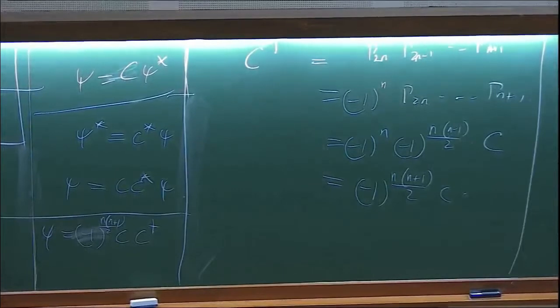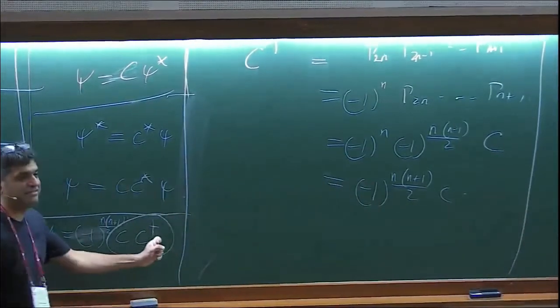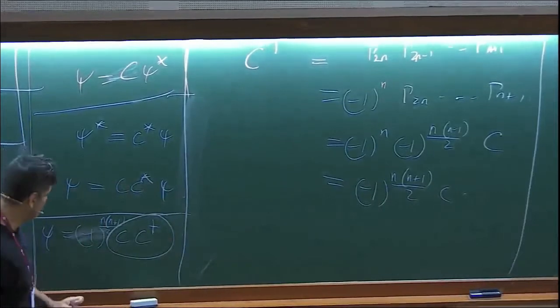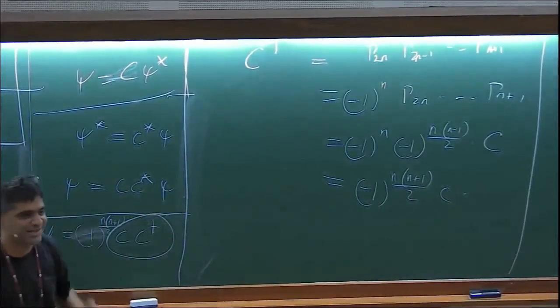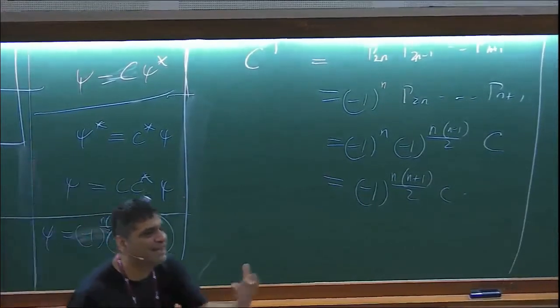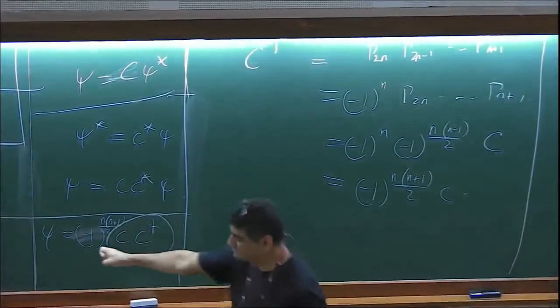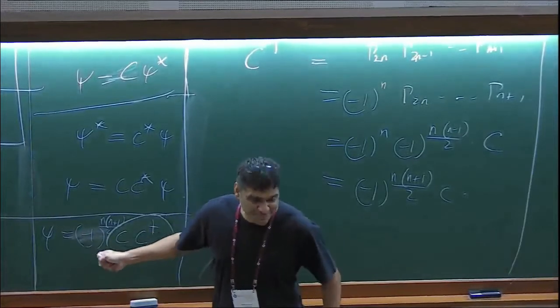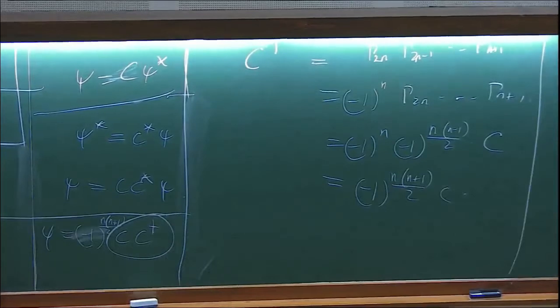And now I see this is a positive definite operator, but this is a sign. One is a positive definite number. So if C dagger has to have eigenvalue 1, it's certainly impossible if this sign is negative. But it is plausible, and in fact, I won't show you, but it's true if the sign is positive.